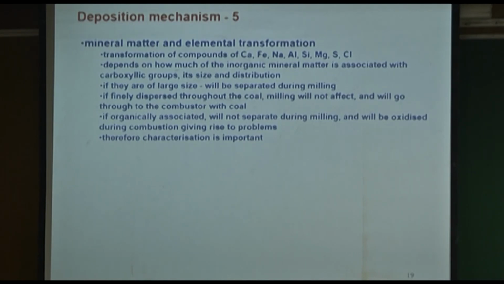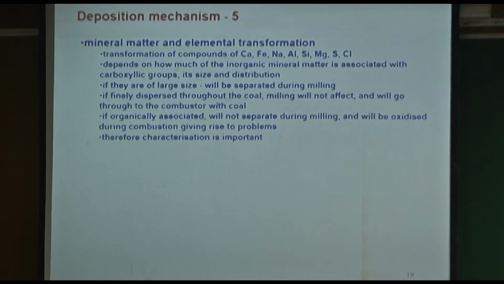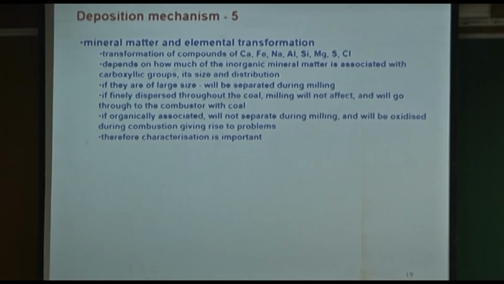So how can you control it? The included minerals in the coal are very large in size, and you can detect them easily through electron microscopy, coupled with, say, EDX, energy dispersive X-ray spectroscopy. You can do it in the lab all the time. Nowadays the scanning electron microscopes are only this size.